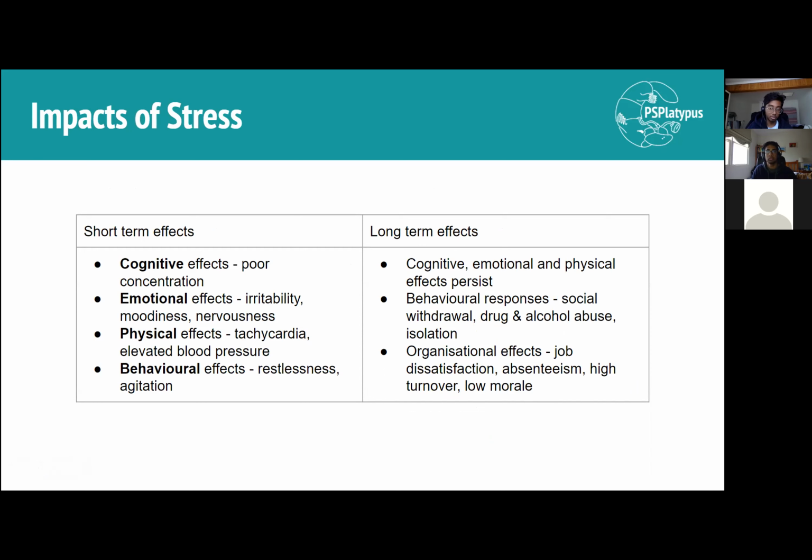That still translates to long-term effects as well, where we still see the cognitive, emotional, and physical effects persist, but the behavioral effects become a little bit different and relate more to social withdrawal, substance abuse, and isolation. We also have organizational effects as well. Going back to the chronic stress example of work stress: job dissatisfaction, absenteeism, high turnover, and low morale.